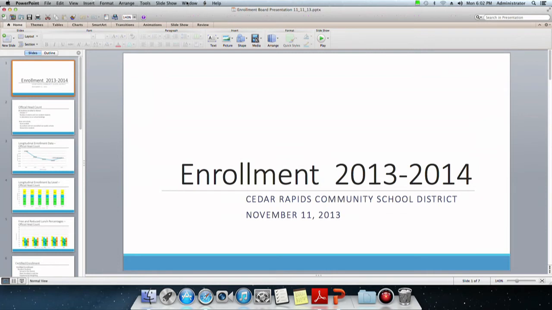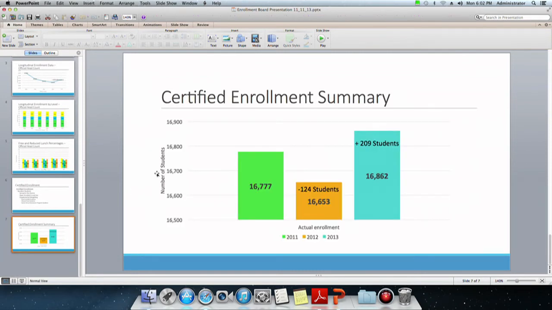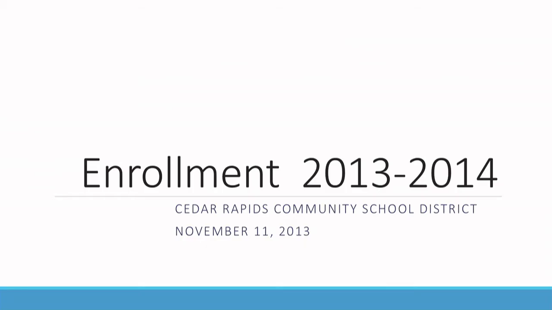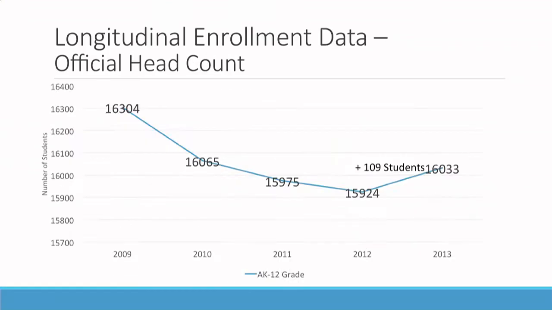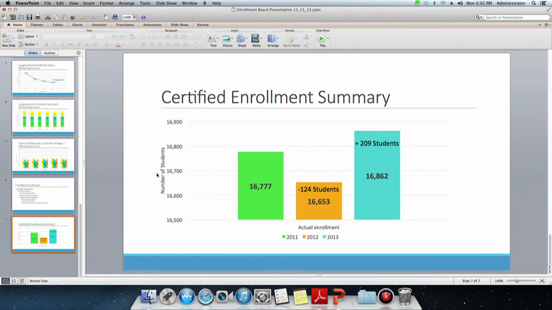The trend there was, if we go back to the last slide, we were down 124 students from 11 to 12, and then we went up from 12 to 13, 209 students. So that's moving in the right direction as well. I think that it's always important to quantify numbers. These are head count numbers.